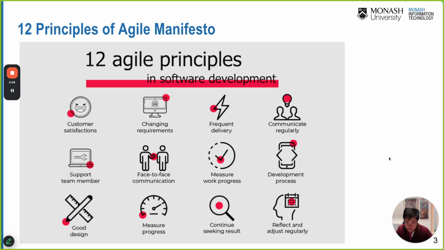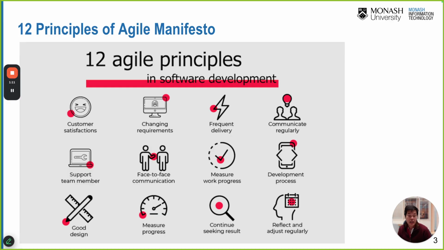I'm not sure if we have mentioned this at the beginning, but I just want to recap that there are 12 principles in the Agile Manifesto for software development. First of all, we really want to prioritize customer satisfaction.